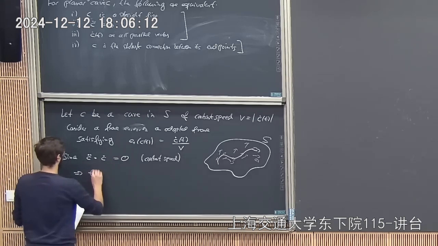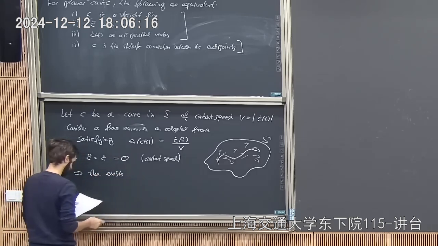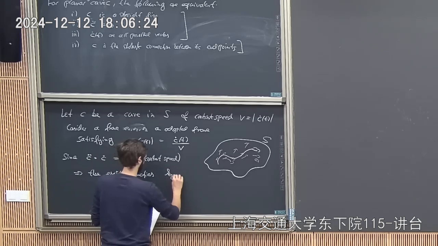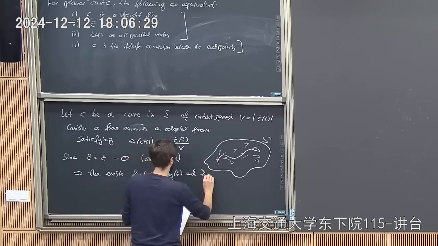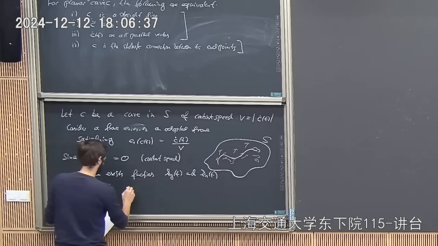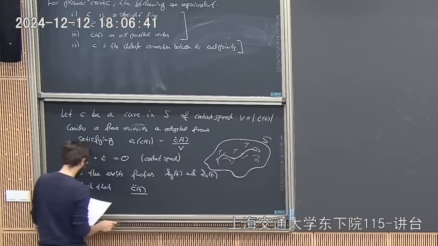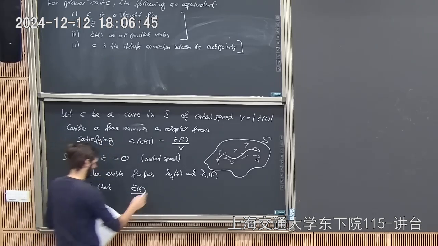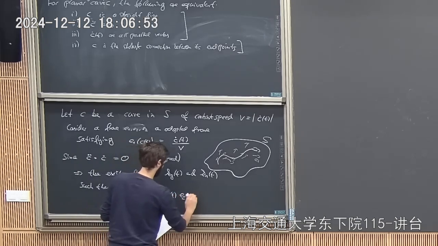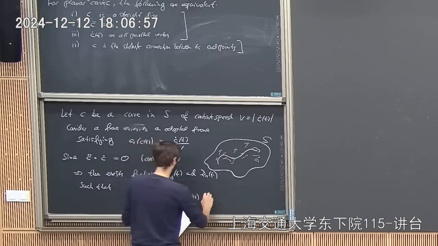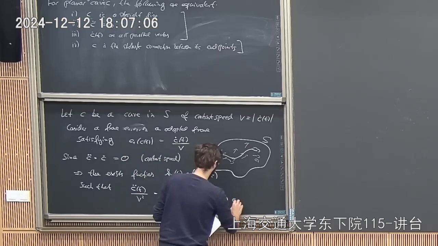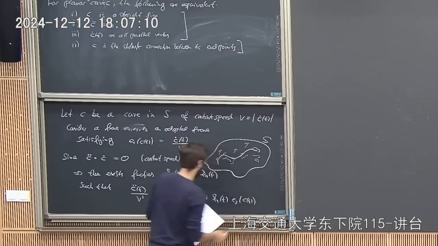So that means there exist functions, and they are called kg of t and kn of t, such that the acceleration c double dot of t, by convention scaled with v squared, equals kg of t, which is the factor in front of E2 of c of t, and then a second factor, kn of t, which is the component in front of E3.